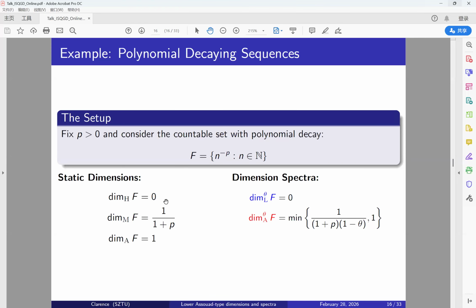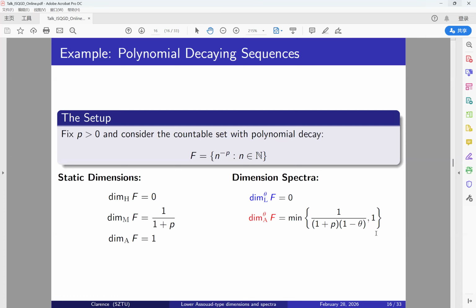We know that the Hausdorff dimension is 0. The box dimension, the Minkowski dimension, could be this value, and the Assouad dimension equals 1. Also, we see the lower dimension is 0. As for the dimension spectra, the lower spectrum is also 0, since there are isolated points everywhere. As for the Assouad spectrum, there is an exact formula like this.